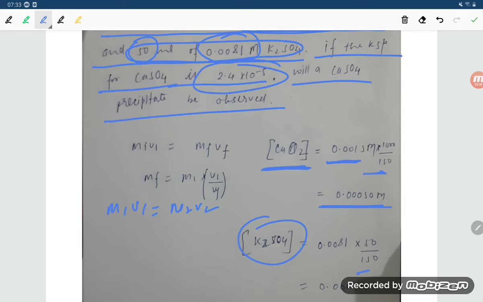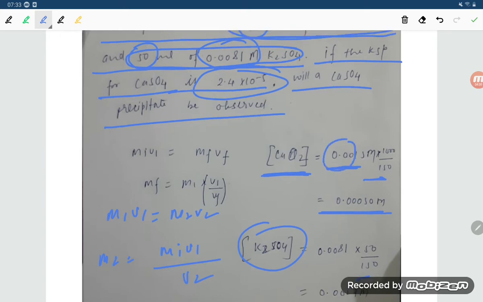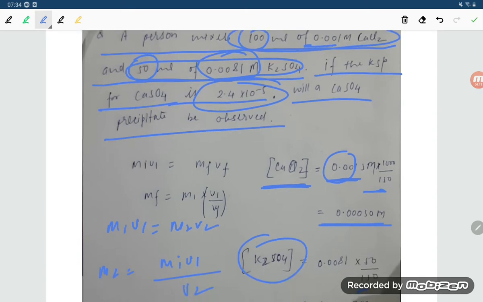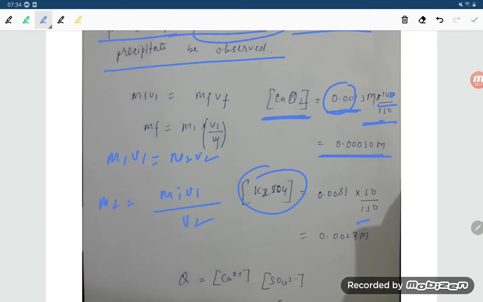So this is simply M2 equal to M1V1 upon V2. So M1 is 0.001, I think, and V1, if you see student, they wrongly wrote 1000 ml, but it is 100 ml divided by V2, that is the final volume 150.